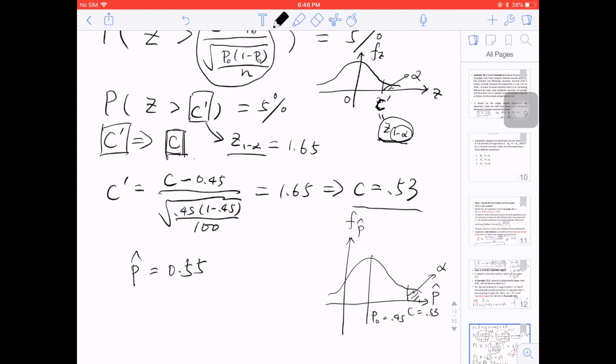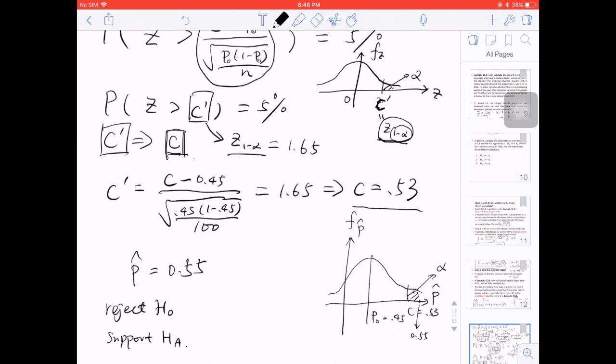So p hat is here at 0.55, and it falls into the rejection region. Once your observed sample statistic falls into the rejection region, we reject the null hypothesis and support the alternative hypothesis, which means there is an increasing demand.